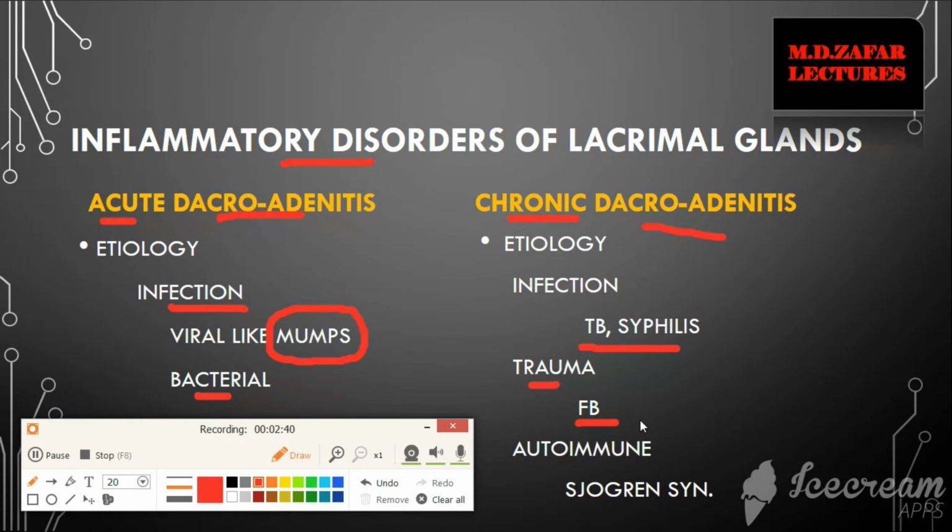As we have talked about different ocular injuries, for example, if iron gets stuck in the eye, it can lead to a specific reaction which eventually leads to inflammation of the surrounding structures, and one of them may be the lacrimal glands. Then autoimmune problems like Sjogren's syndrome, which is the autoimmune destruction starting from an inflammatory response against the lacrimal gland, leads to eventual destruction, and is also one of the causes of chronic adenitis.